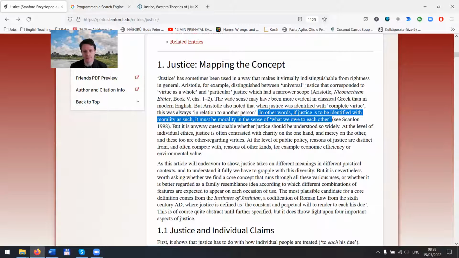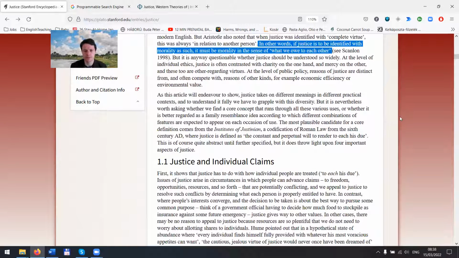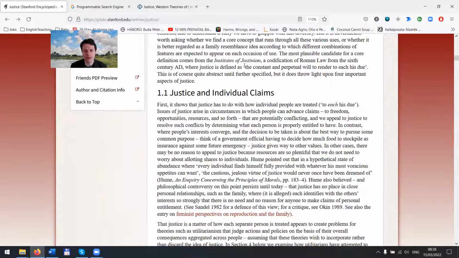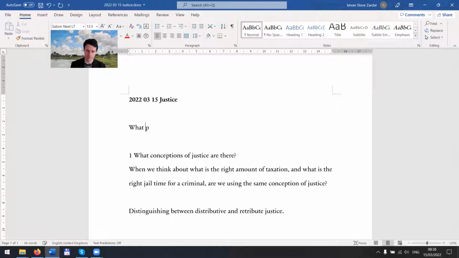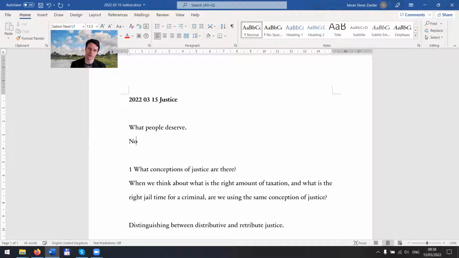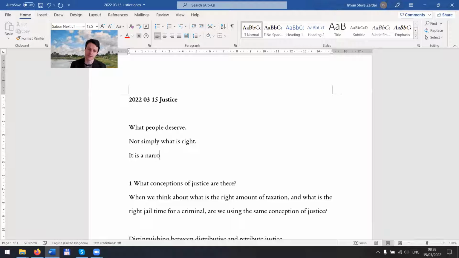And one of the ways in which people have tried to narrow it down is that justice has more to do with what people deserve, not simply what is right. It is a narrower concept than right.